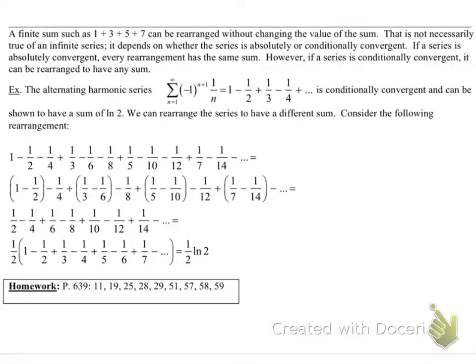And here you go. You go ahead and examine your alternating harmonic series. I assume you can read. There are some magical things that come out of some of these series. In this particular case, the alternating harmonic series is conditionally convergent and can be shown to have a sum of the natural log of 2. So that's kind of fun to read over, and I would recommend looking over it.